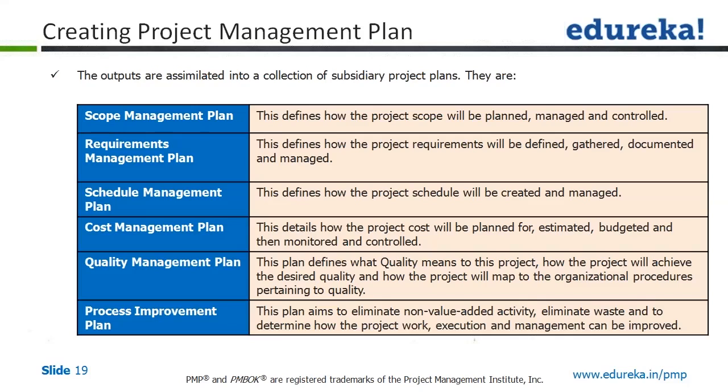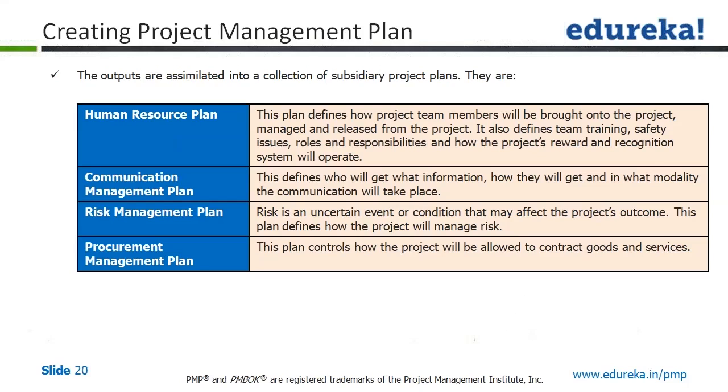Then comes your schedule management plan, which will be an output of your project time management process. The output from the project cost management process is going to be a cost management plan.